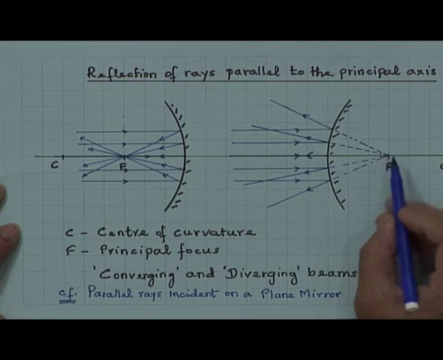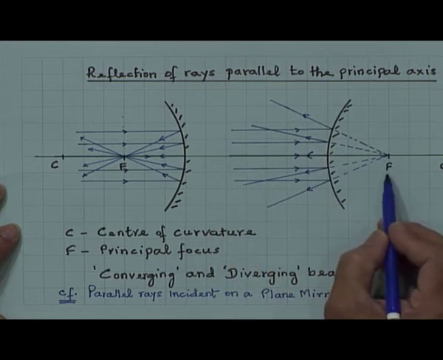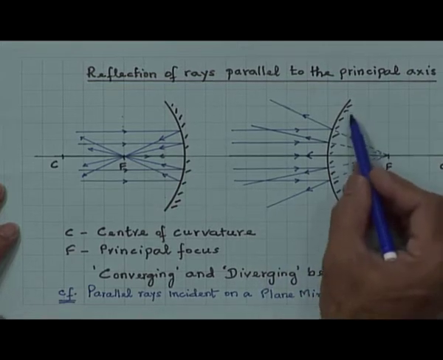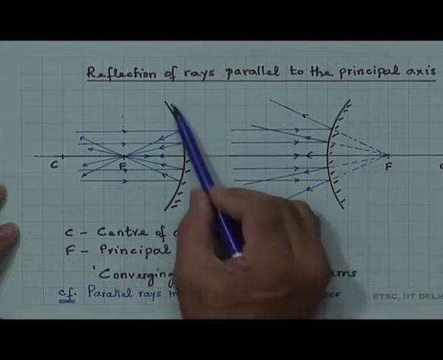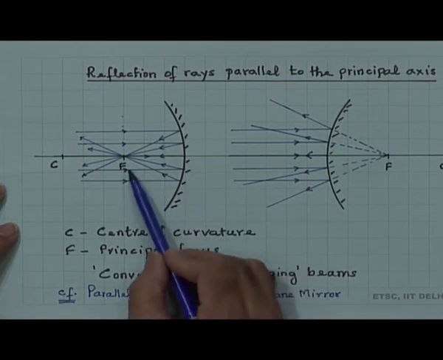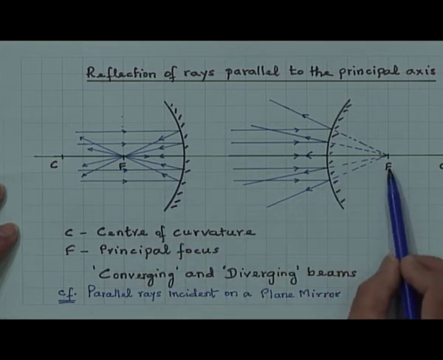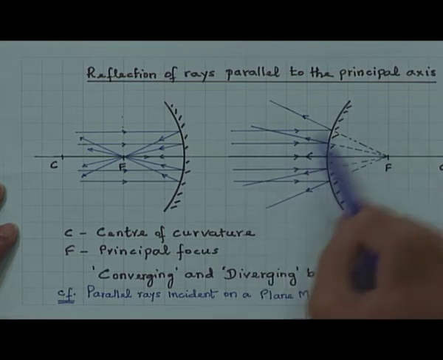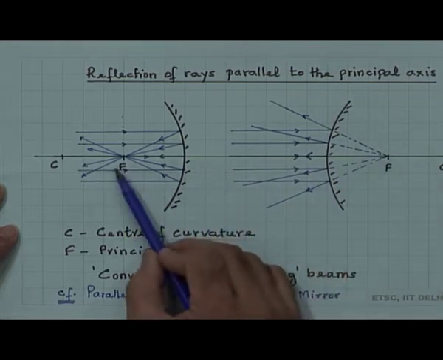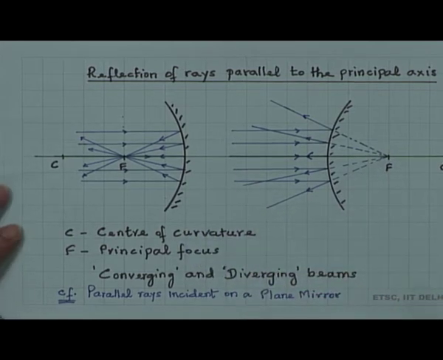So, all reflected rays appear to come from a common point, which is the principal focus of a convex mirror. The principal focus of a concave mirror is in front of the mirror, whereas the principal focus of a convex mirror is behind the reflecting surface, and we will discuss the implications of this, in front and behind, and the sign convention and so on.